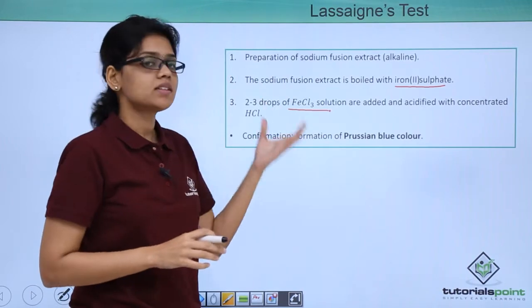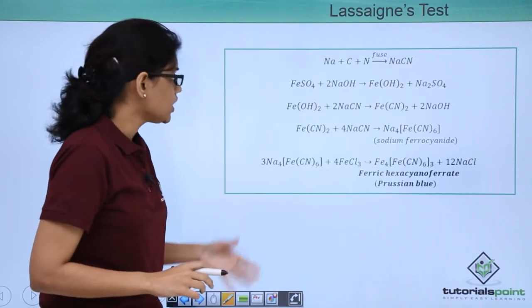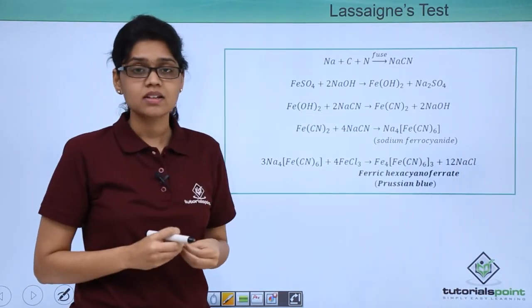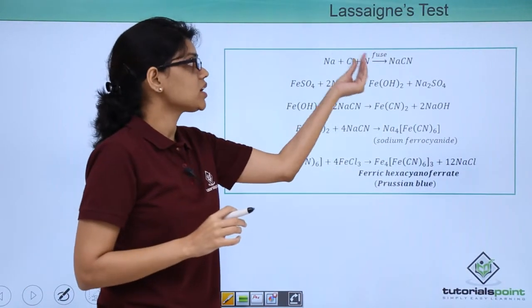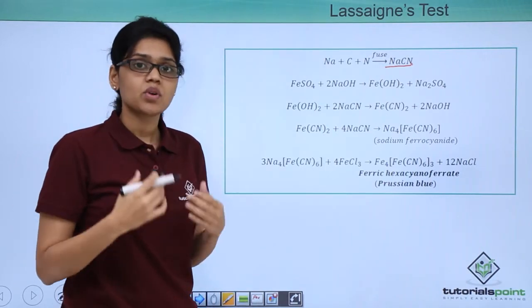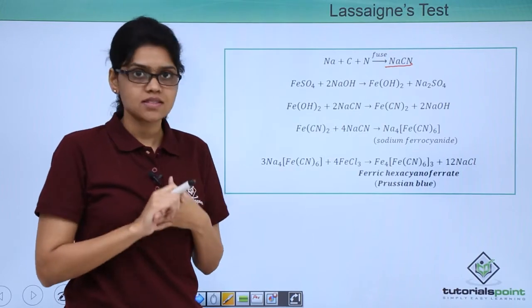Let us now look at the reactions involved in this test. The first step is preparation of sodium fusion extract. If we have nitrogen in our organic compound, then nitrogen combines with sodium giving us NaCN. The next step is heating the sodium fusion extract with iron sulfate.